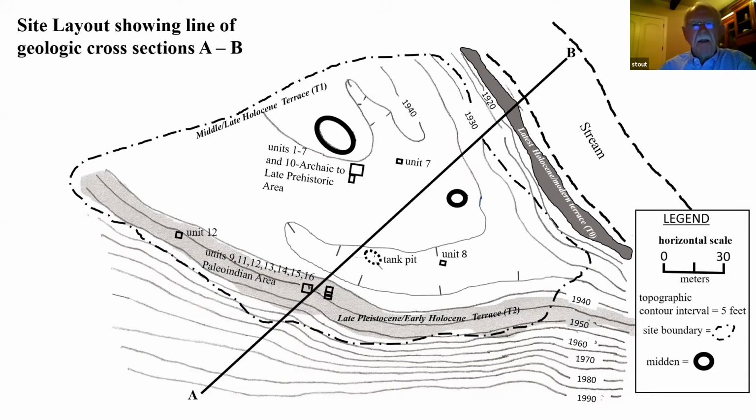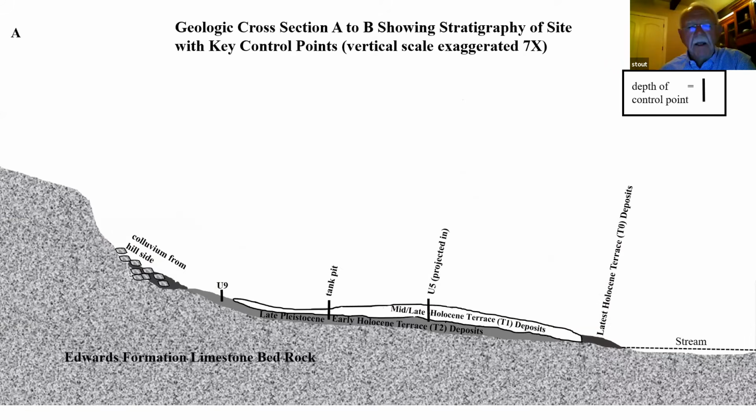And then as you move to the right, you get into the site and you can see there's some separation between layers. We can determine that there's been at least 3 separate significant deposits from this stream that has carried in sediments from upstream and deposited it here.